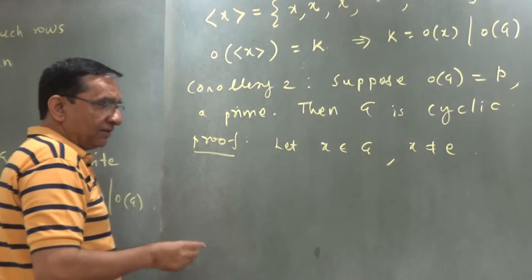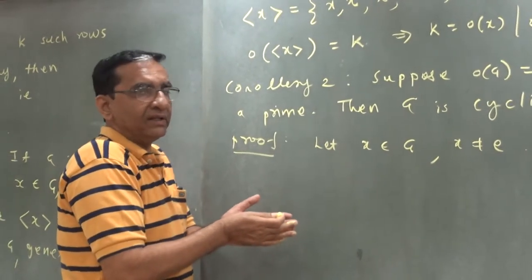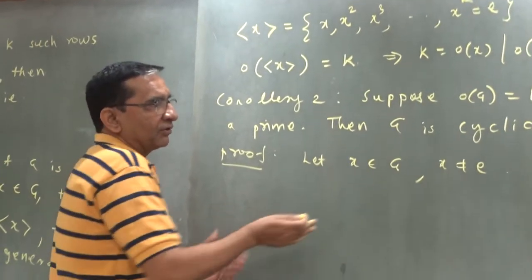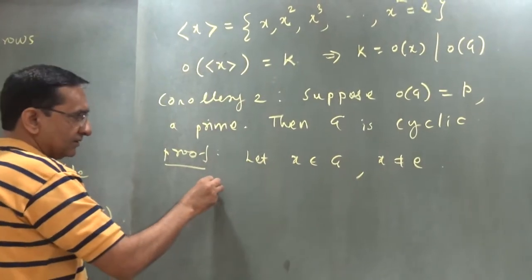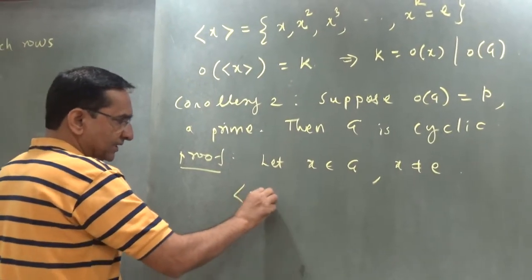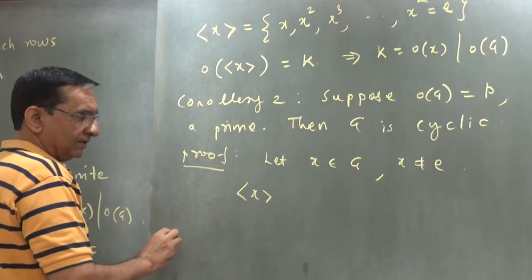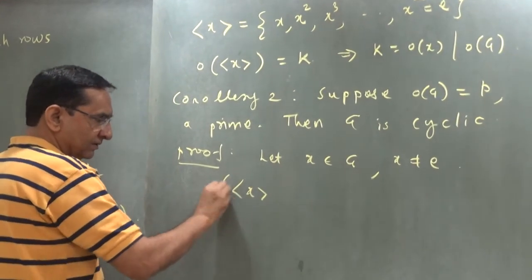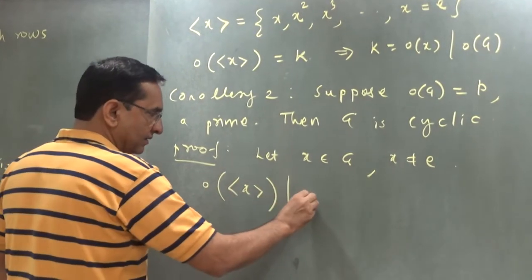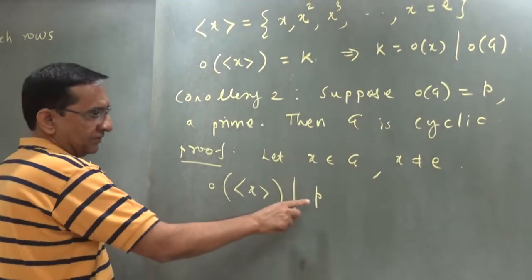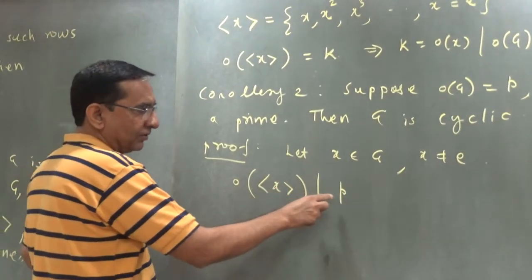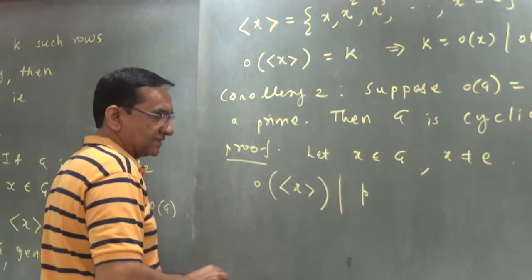Its order must divide the order of G, but the order of G is a prime number P. Here we are using Lagrange's theorem.